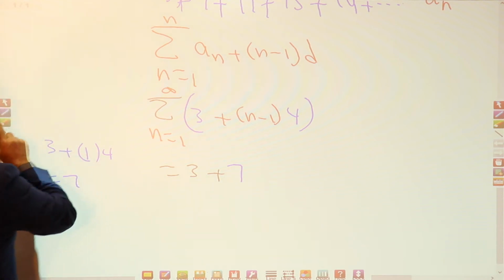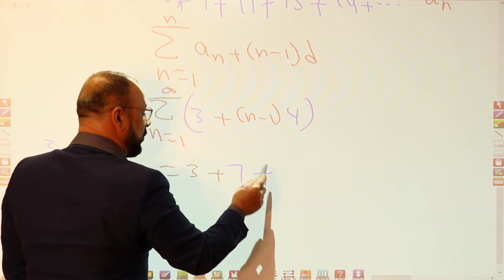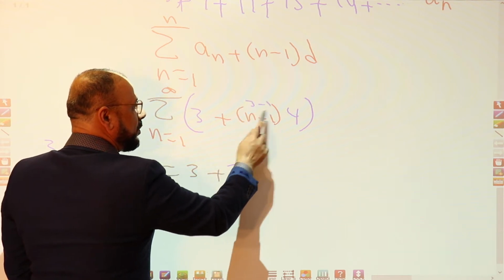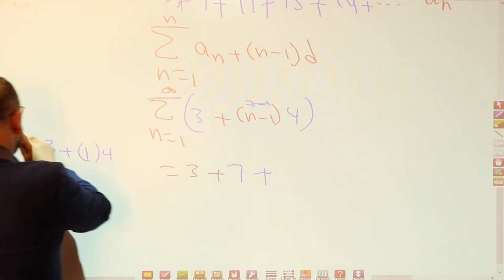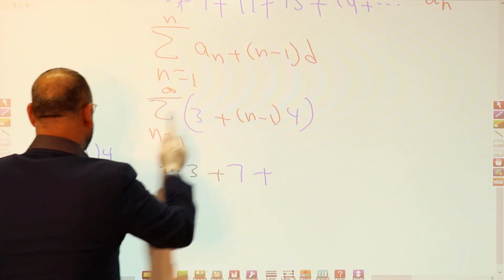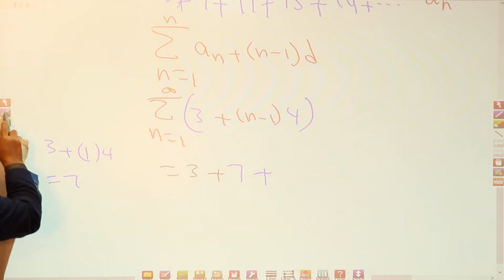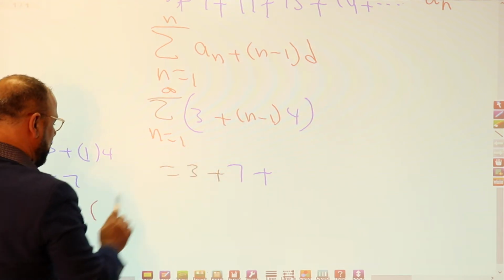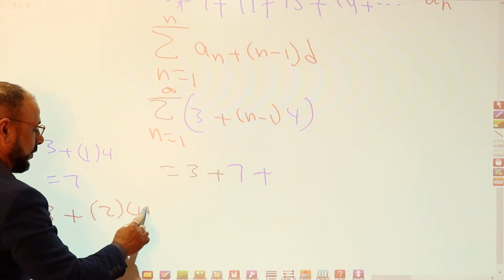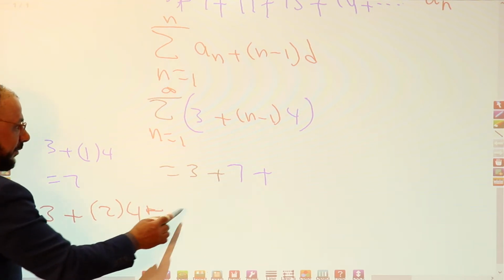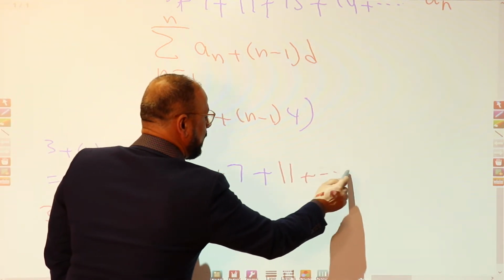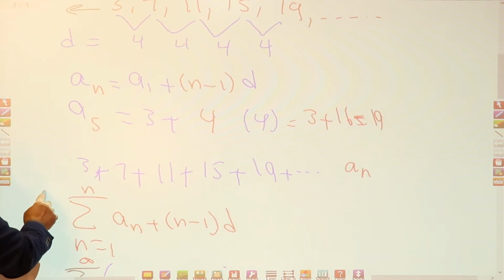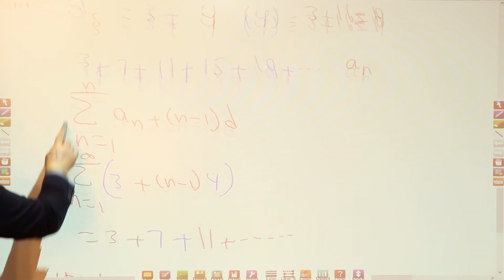Then take n equals 3: 3 minus 1 is 2 times 4, which is 8, so 3 plus 8 equals 11. And you keep going. Now this is my 3, 7, 11, and you can keep going.